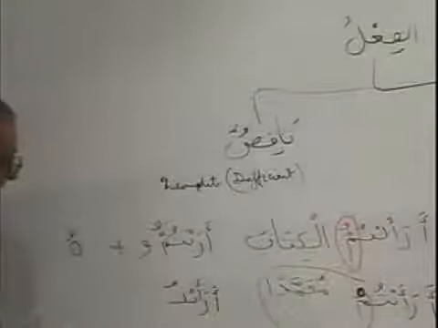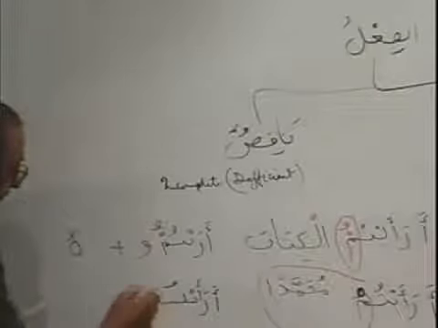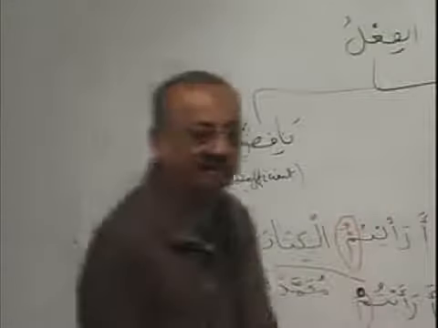Now this is what will happen. Are you with me? Then you will add wow. Ra'aytumu. Now this is extra. And then you will say who. Got the idea? I ask you a question. When does this happen?